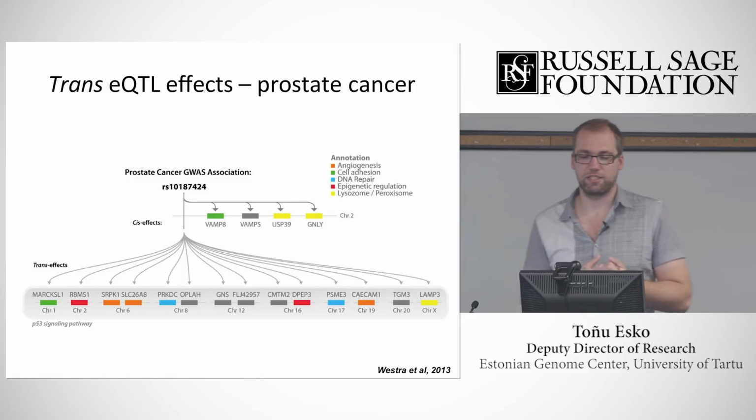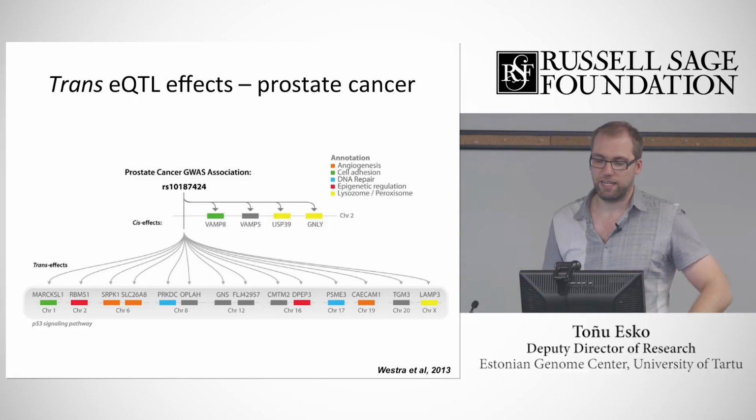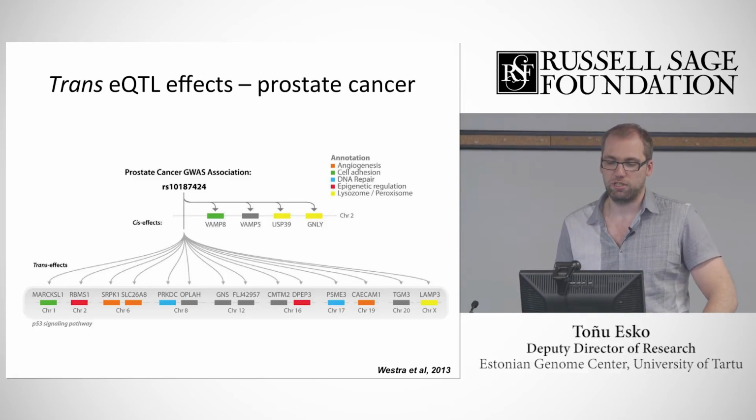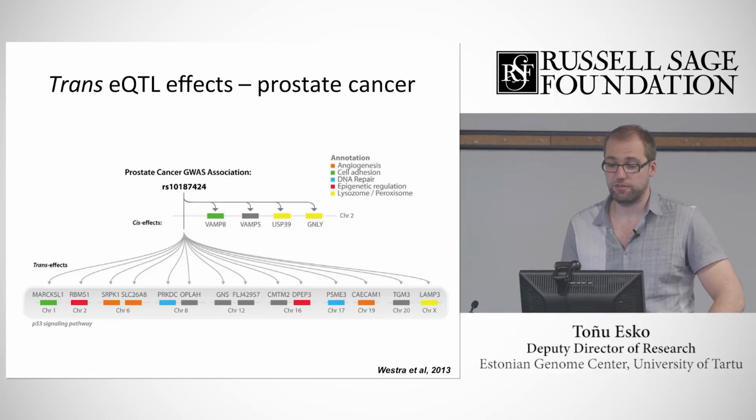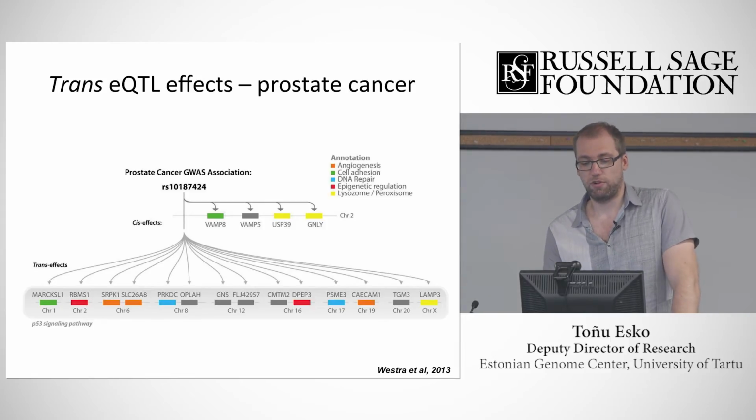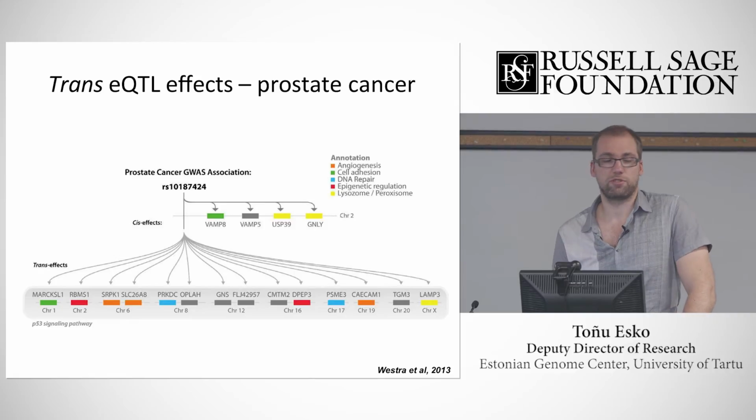And again, just one example for you of this trans or distant effect. I think it's a very nice example on prostate cancer. So there was a GWAS done on the prostate cancer phenotype, reasonably powered, and they found that this rs10187424 on chromosome 2 is strongly linked to risk of breast cancer and prostate cancer.